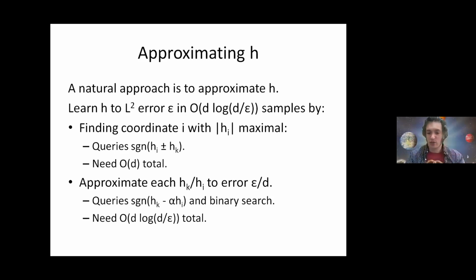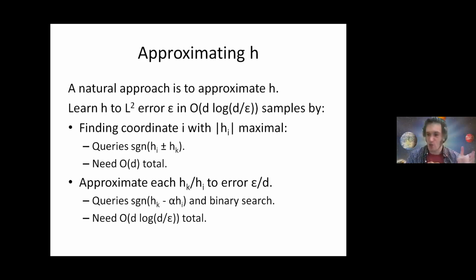Now, once you know that, for each k you can approximate the size of hk divided by hi to a tiny error. The way we're going to do this is a sort of binary search. We're going to make queries that ask for the sign of hk minus alpha times hi for various values of alpha. When we do that query, it'll basically tell us, is hk bigger than or less than alpha times hi?